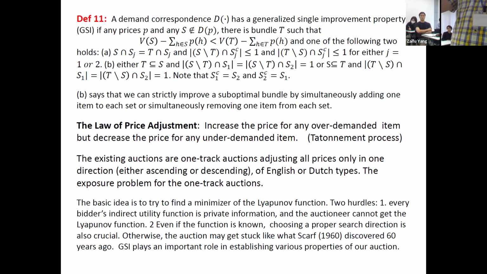The auctioneer does not know the Lyapunov function. This is the first difficulty. Second, even if you know the Lyapunov function, there's the problem of which direction you should search. The search direction also plays an important role. So we need to solve these two problems.